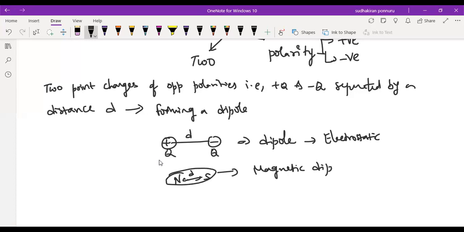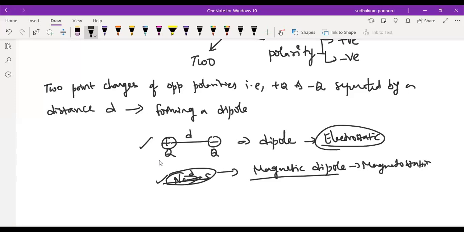So this is an electric dipole and this is a magnetic dipole. About the magnetic dipole we will see in the case of magnetostatics. Since we are learning electrostatics, we are going to learn about the electric dipole.